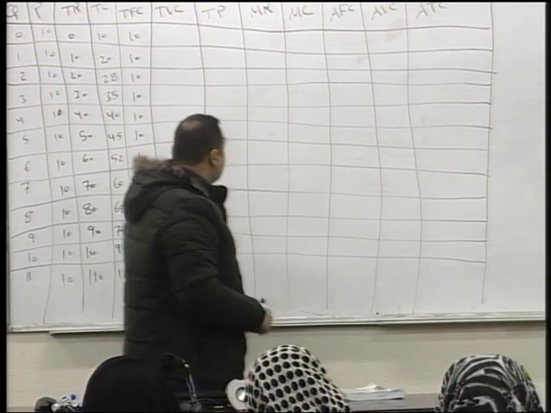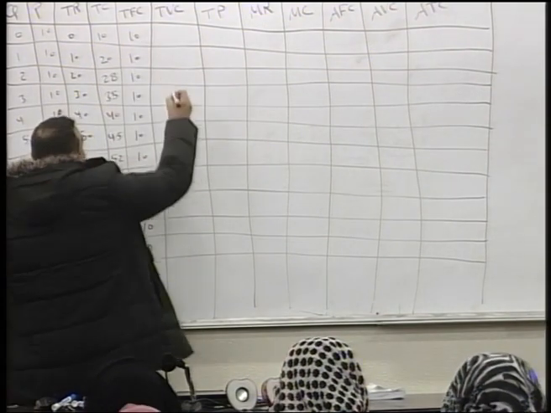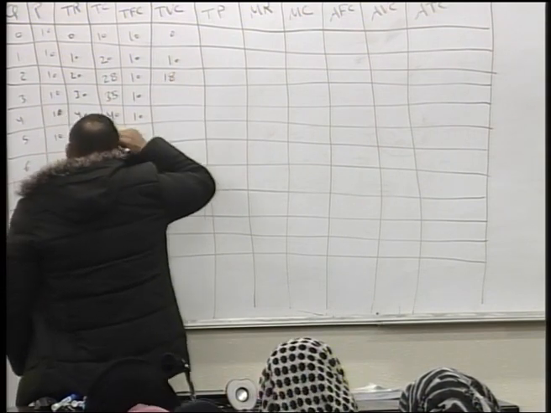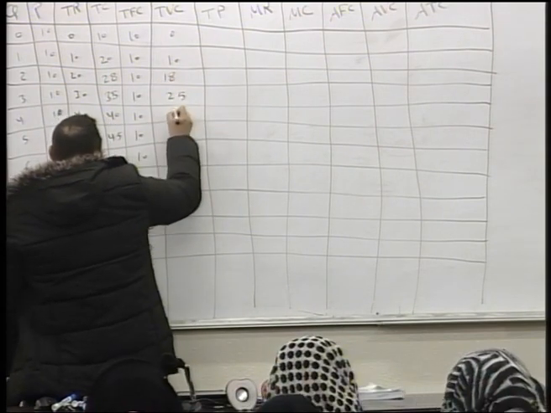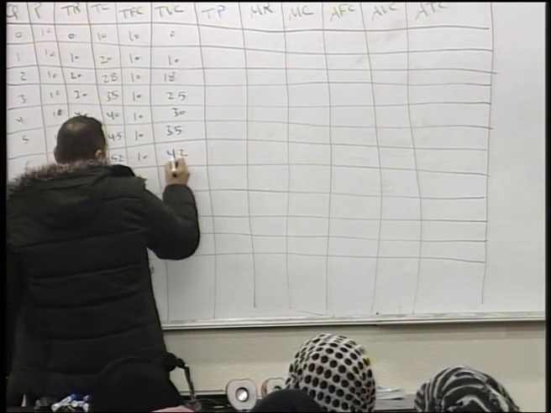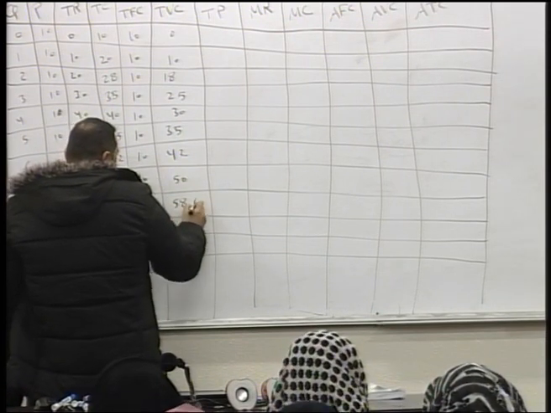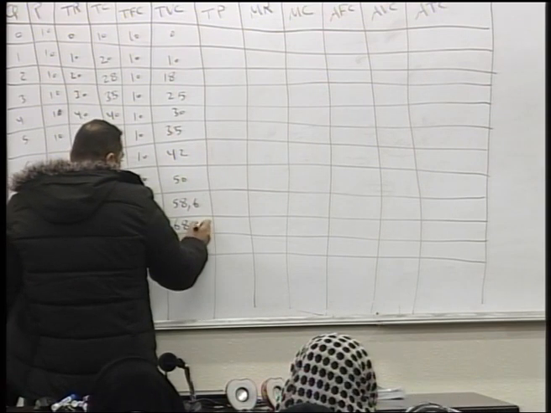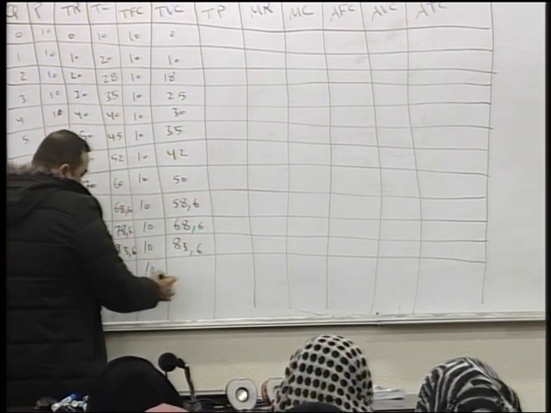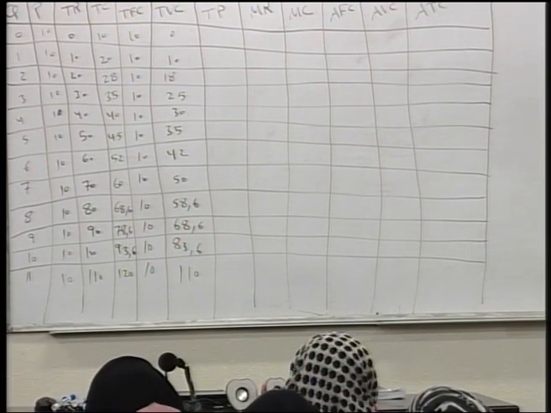Total variable cost equals total cost minus TFC: 0, 8, 15, 20, 25, 32, 40, 48.6, 58.6, 73.6, and 100. This is the total variable cost.